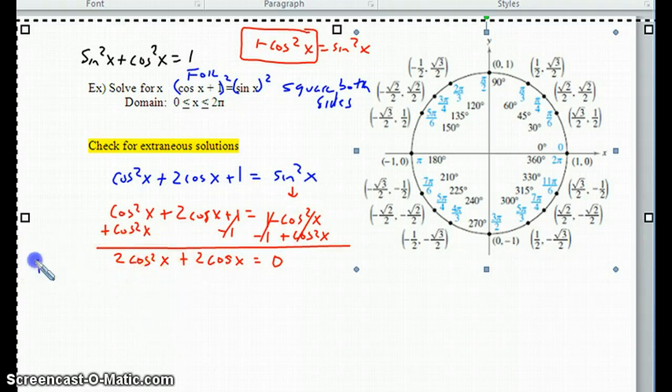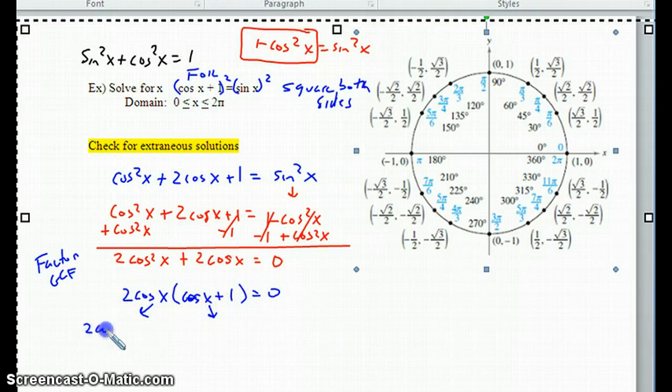Now to solve this, you want to factor out the greatest common factor. In this case, that would be a 2 cosine of x. So when I divide that, I'd get just cosine of x. I divide that, I'd get a 1. And now I can individually set these equal to 0.